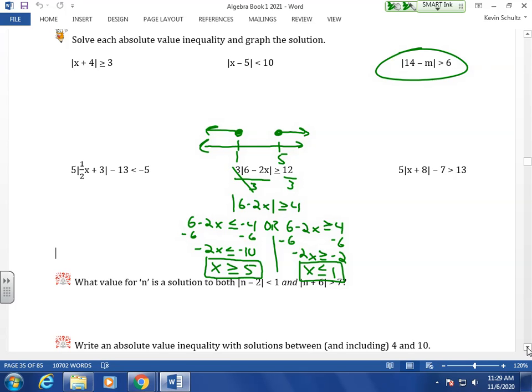Oof. All right. Well, the bars are not by themselves, so we got to do some prep work here. We've got a constant, so we're going to move that first.